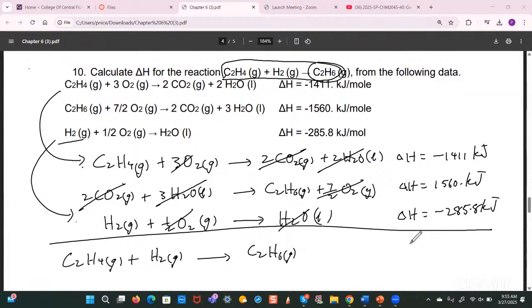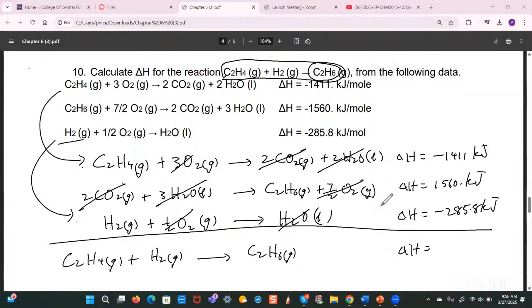And the delta H for that would be the sum of these. So that's minus 1411 plus 1560 minus 285.8. And according to my calculations, this needs to be rounded to 0 decimal places.